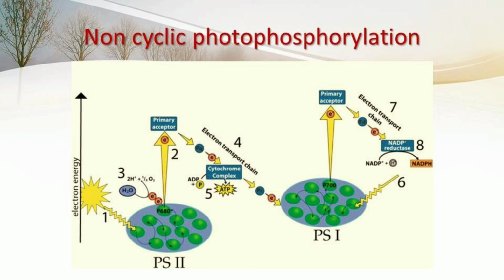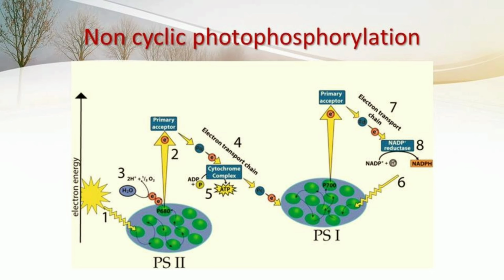Because in chlorophyll the electrons that are lost go to the primary acceptor, then through 3 electron acceptors, and from there it passes through photosystem 1, and from there again to the primary acceptor, electron acceptor, and from there to ferredoxin as an electron acceptor and NADP.